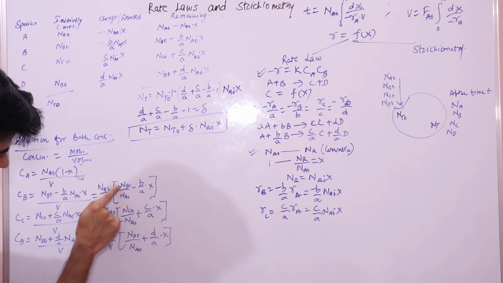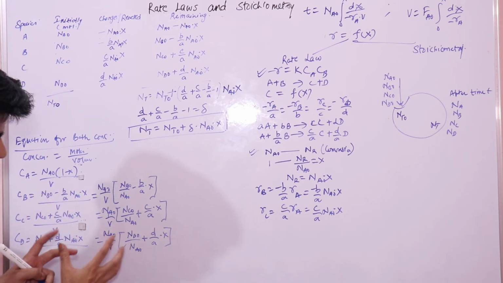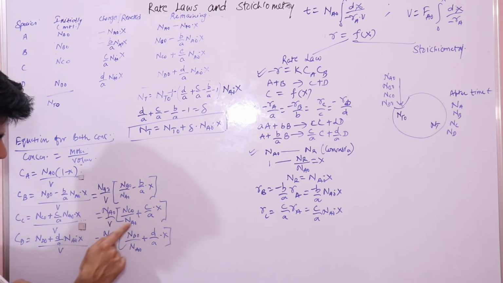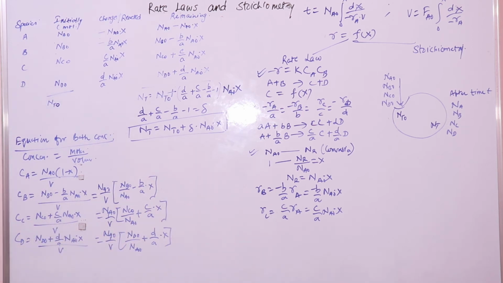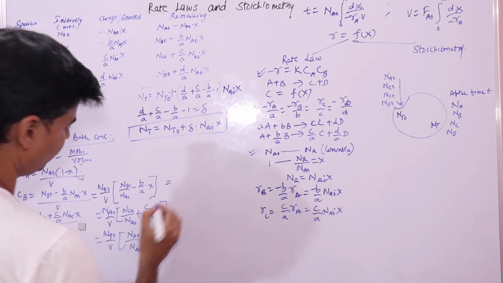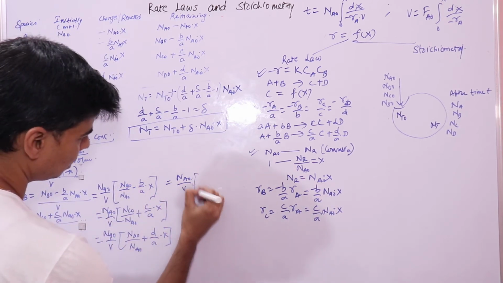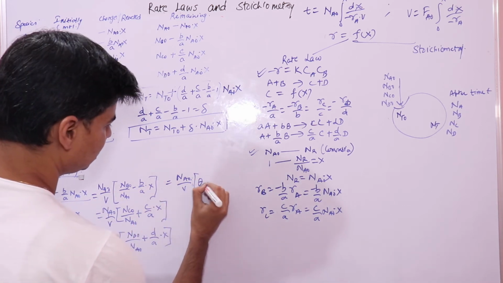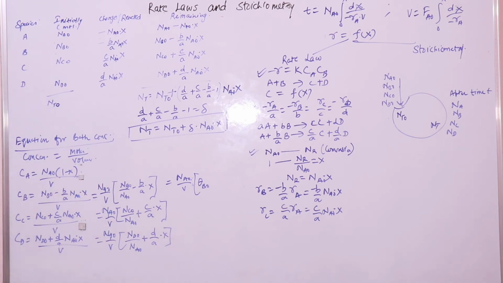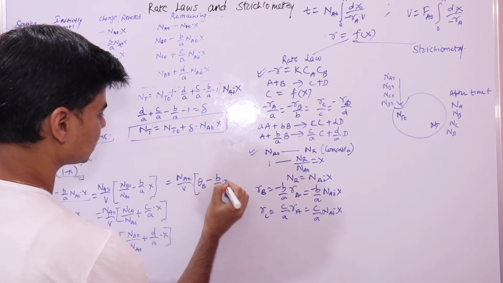Now this Nb0 upon Na0 and Nc0 upon Na0, we can take these quantities as theta B, theta C, theta D, to simplify this equation further. So in order to simplify, we have Na0 upon V, and Nb0 upon Na0 would be theta B, so theta B minus B upon A x.